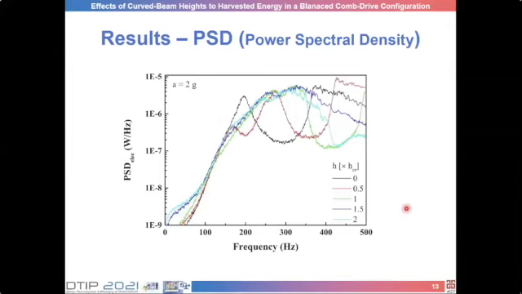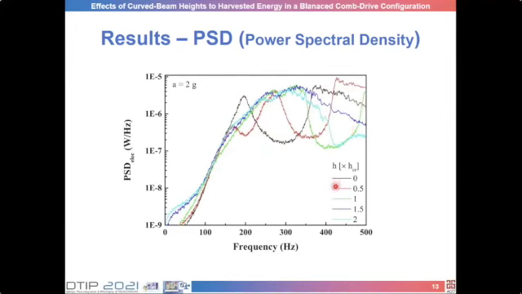This is a result of PSD, power spectral density. It shows the electric PSD for various beam heights, for the case when the acceleration is 2g. In the case of the straight beam, this black curve, we can see the clear resonant peak and the higher resonance due to the nonlinearity coming from the clamped beam nonlinearity and the electrostatic force.